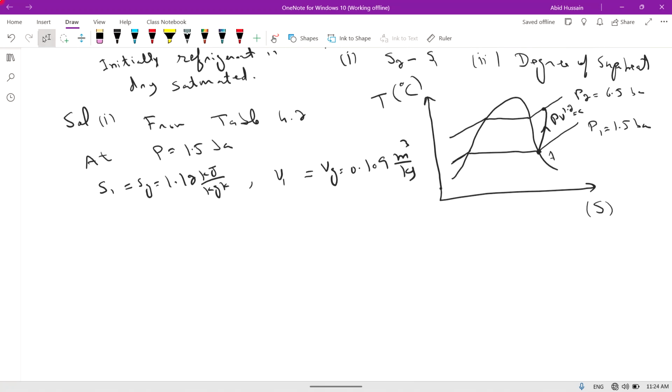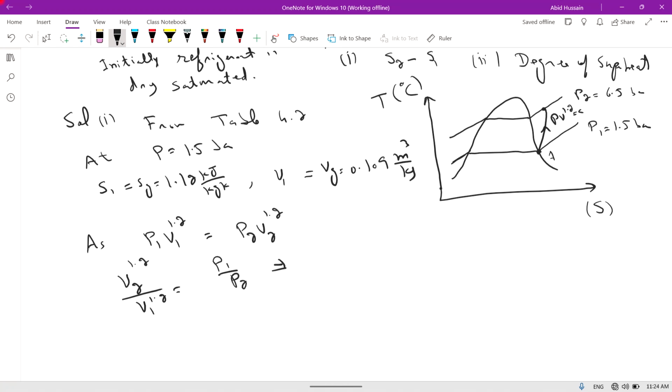It is clear that it is the superheated region, but to clarify further, we find V2. As P1 V1^1.2 is equal to P2 V2^1.2 for the polytropic process, rearranging this equation, V2^1.2 divided by V1^1.2 is equal to P1 divided by P2. So (V2 divided by V1) to the power 1.2 is equal to P1 divided by P2.